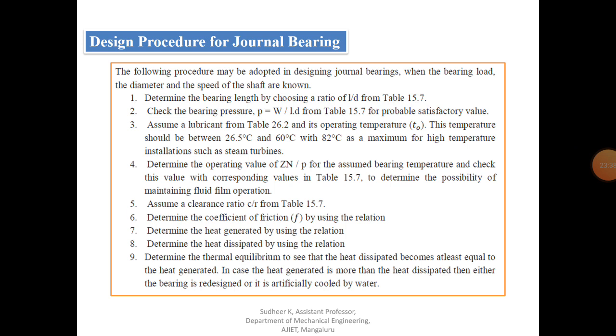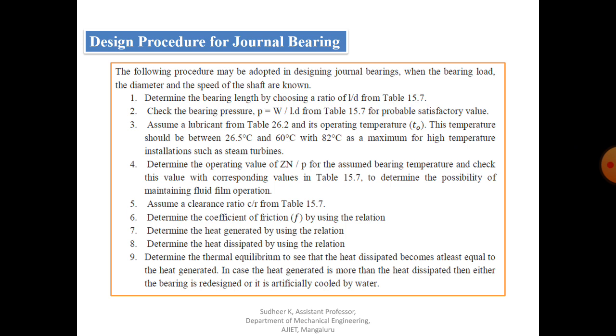Next class we'll discuss the theory of rolling contact bearing. It's nothing but anti-friction bearing, so again another part. Once you finish the theory portion of anti-friction bearing, we will solve problems again on sliding contact bearing.